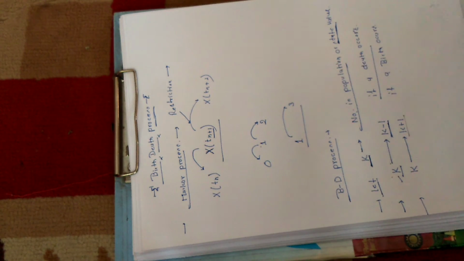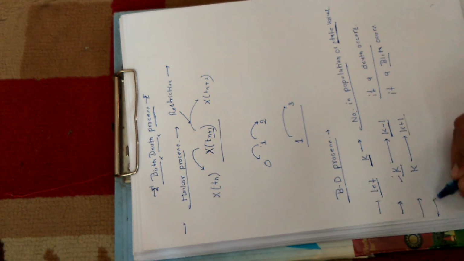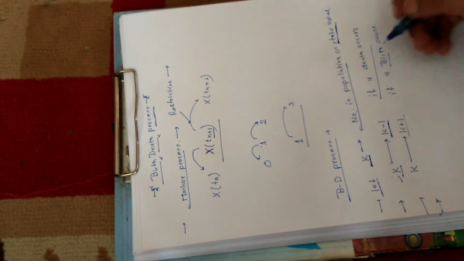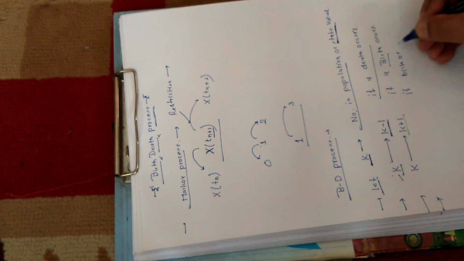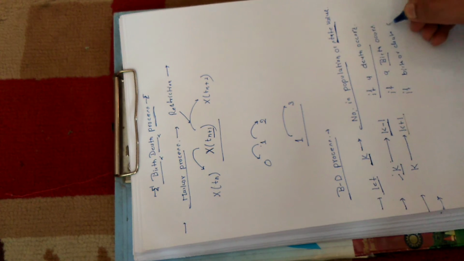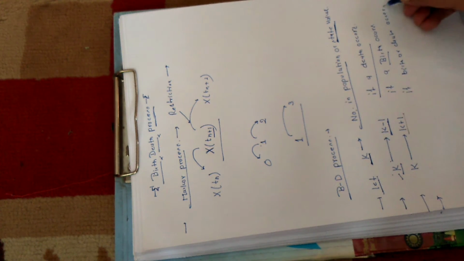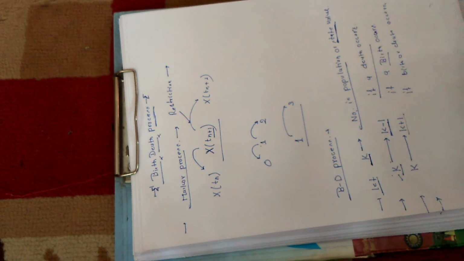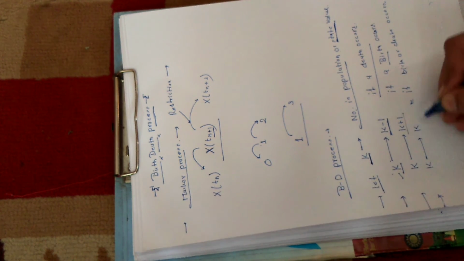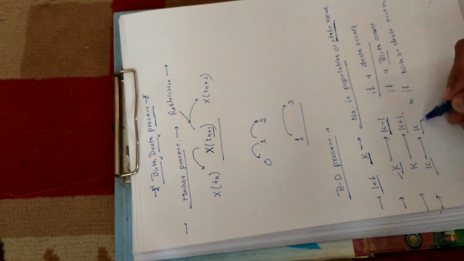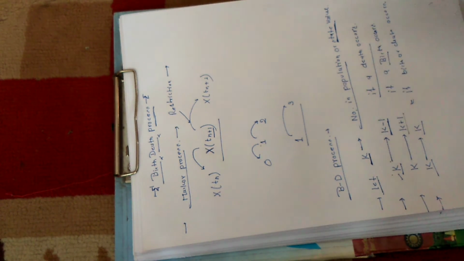If no birth or death occurs, then it remains unchanged. So the state, or we can say the population, remains unchanged.